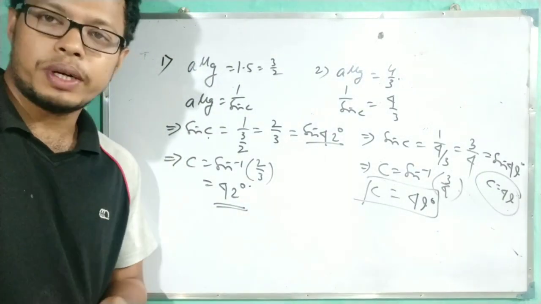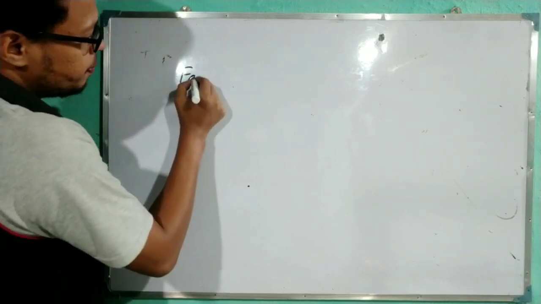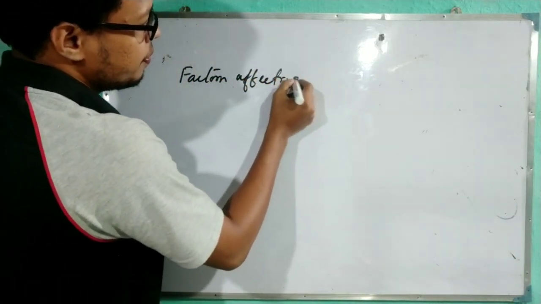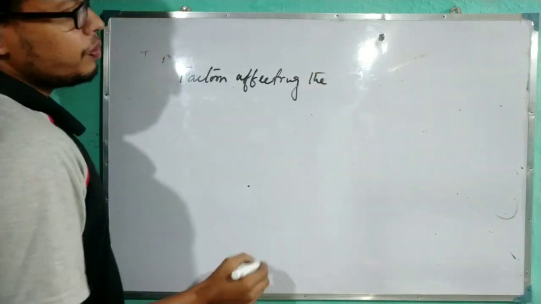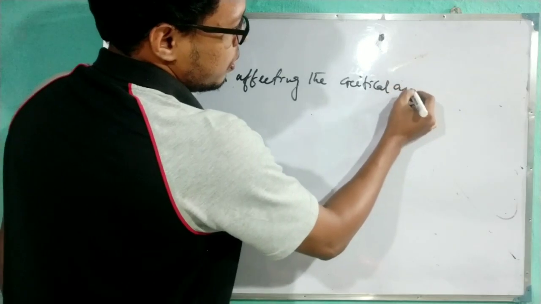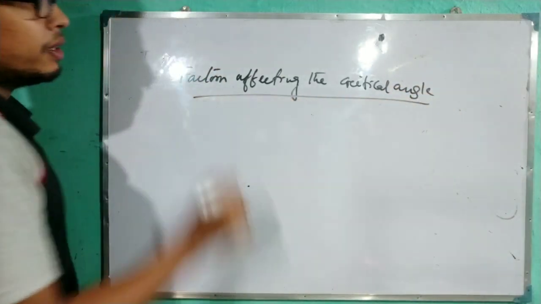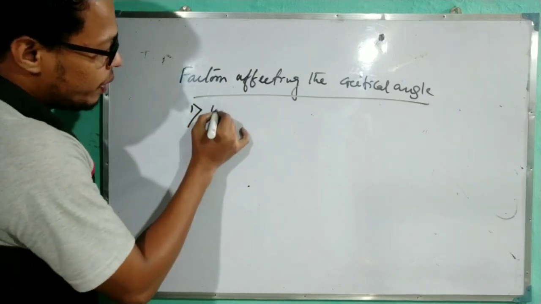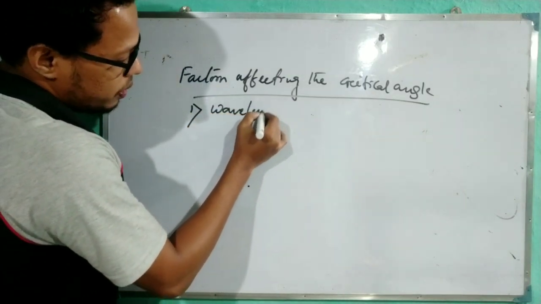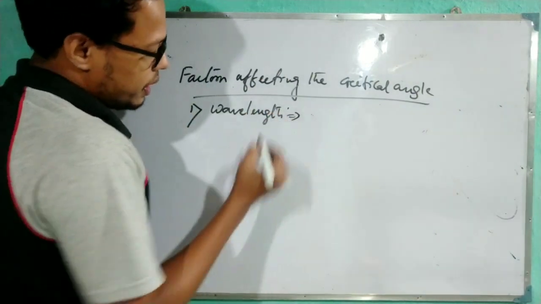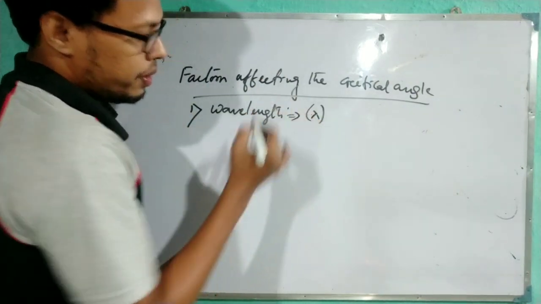Now give the heading: factors affecting the critical angle. That means, on which factors does the critical angle depend? The first factor is the wavelength or the color, represented by lambda.